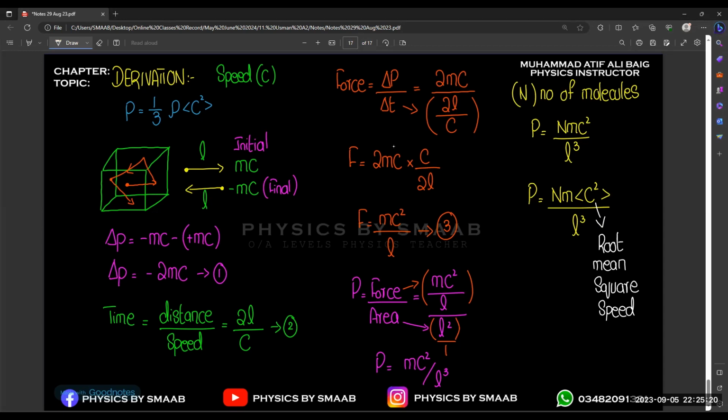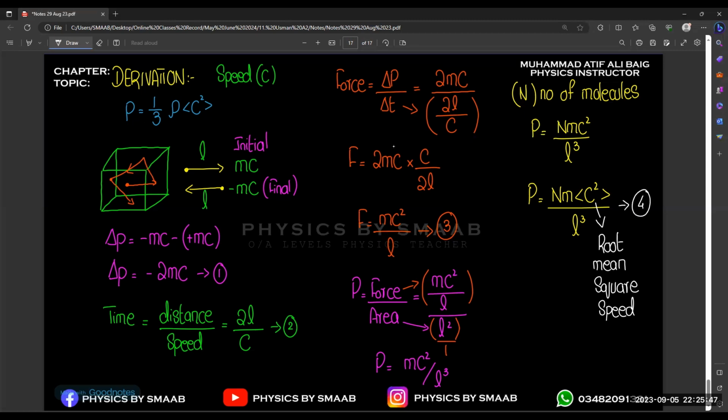That's why we take the concept of square and root, root mean square speed. If we take a normal speed, that is only in one direction, but we are taking a collision concept here. That's why we are taking root mean square speed, right?